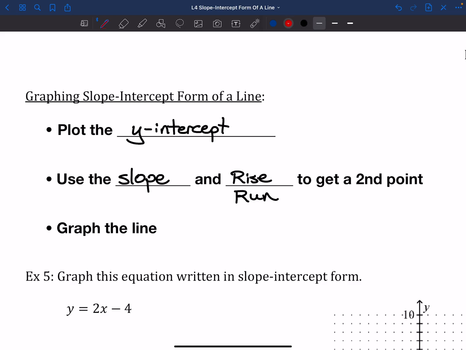Something I want to make sure I mention is that we want to rise over run from the y-intercept. You'll see what I'm talking about when we take a look at one of these problems together. You don't want to go from the origin when you're using your slope. You want to take that point you already had, the y-intercept, and rise and run from there, okay?